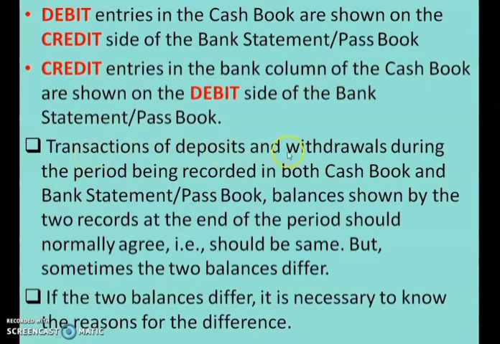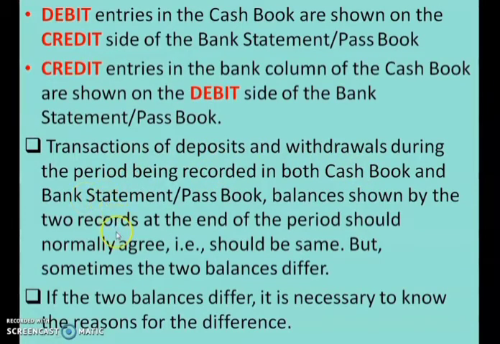Transactions of deposits and withdrawals during the period are recorded in both cash book and passbook. Balances shown by the two records at the end of the period should normally agree. Okay, so whatever transaction has been entered into, if it is deposit or withdrawal during the period, will be recorded in both cash book and passbook.